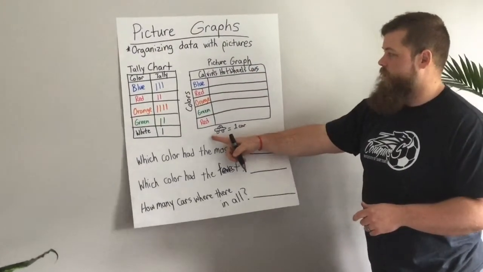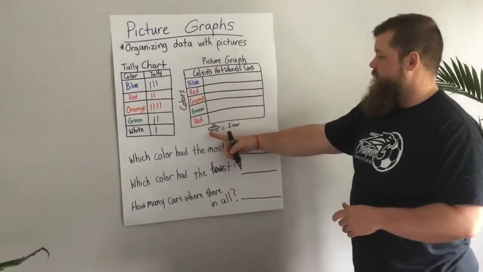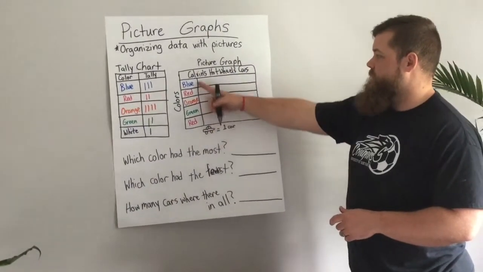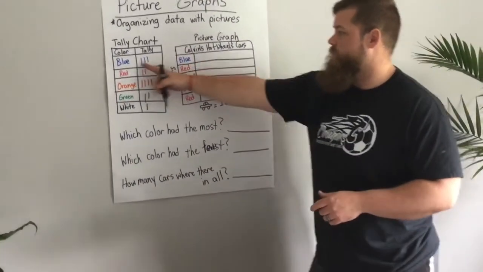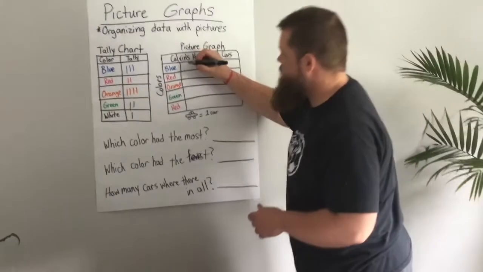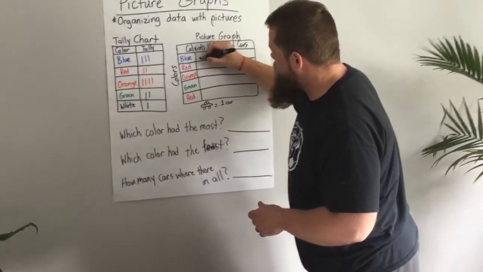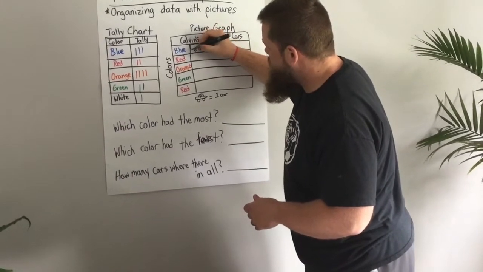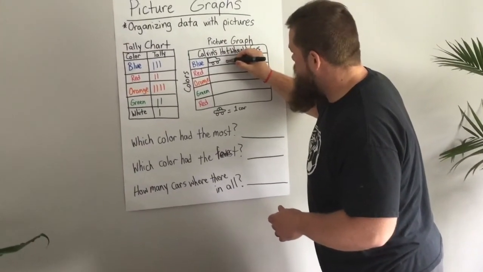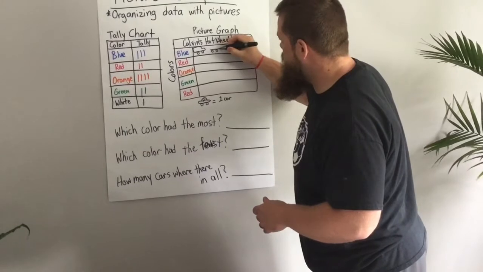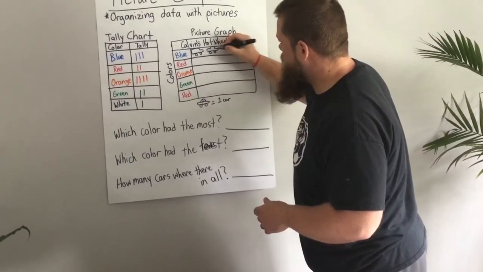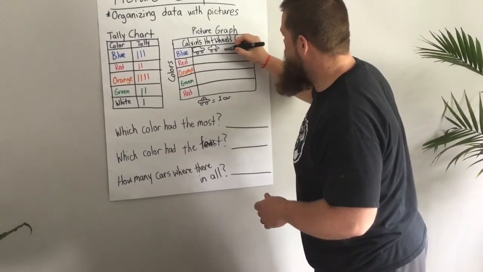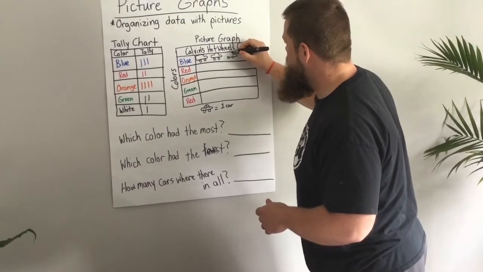So based on my tally chart, this is how many cars I'm going to draw in the blue section. 1, 2, 3. So what I'll do is, just like the one that's here, as you can see, my drawings aren't perfect. I'm just going to draw 3 blue cars. Or 3 cars. They don't have to be blue because they're in the blue section.